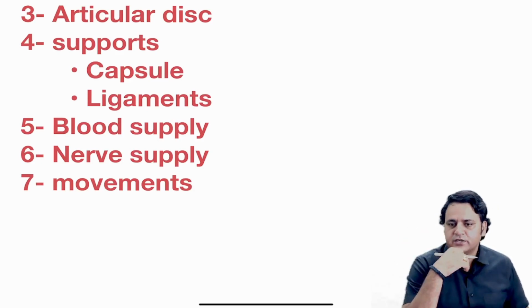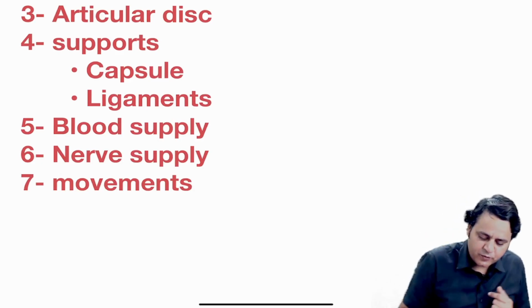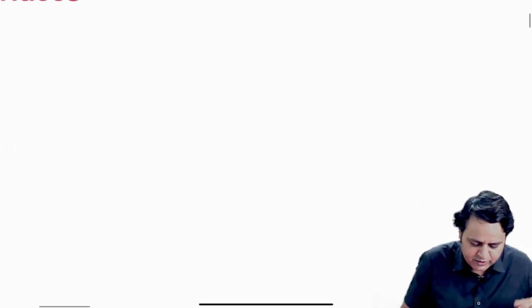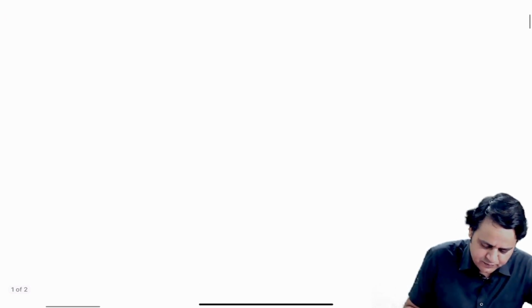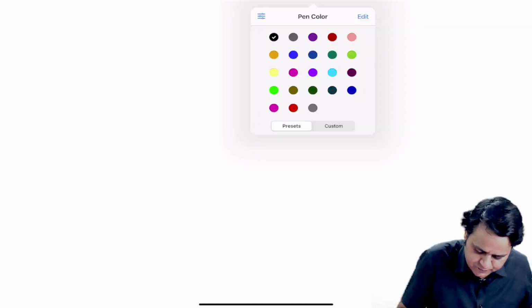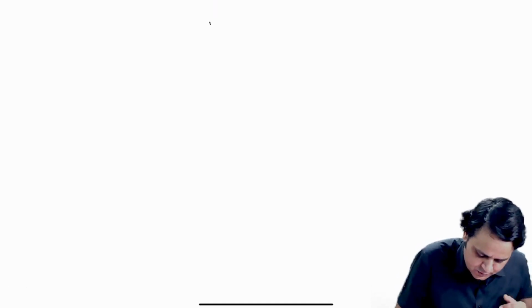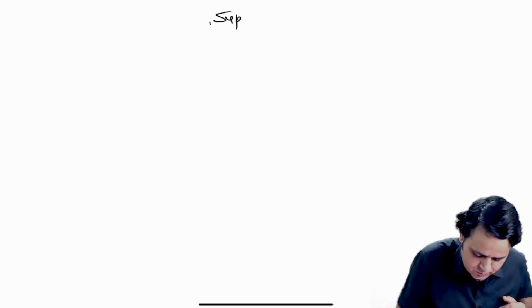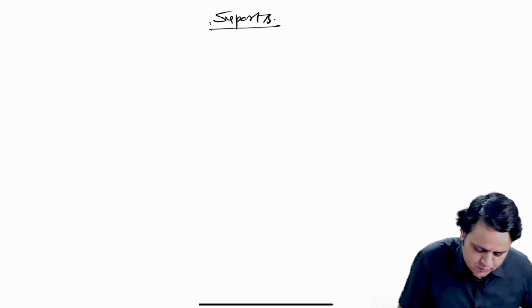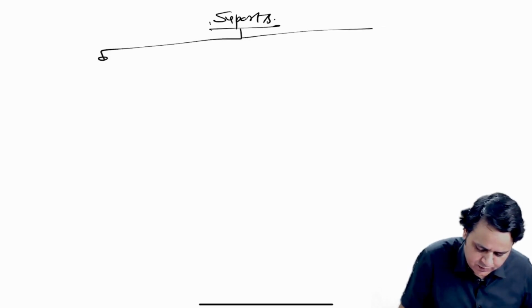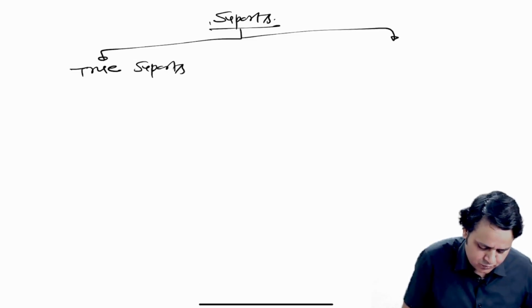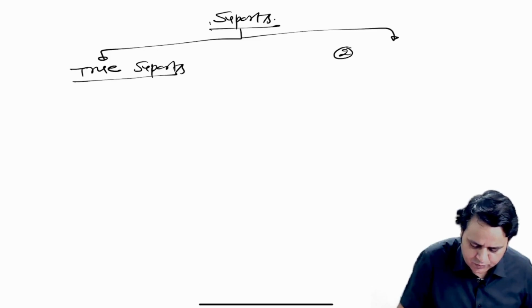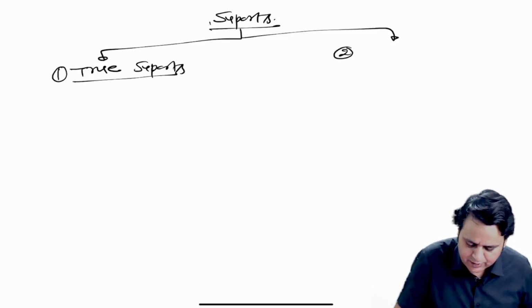So we can divide the supports of the TMJ joint in two categories, two parts. One is true supports, and second is accessory support.